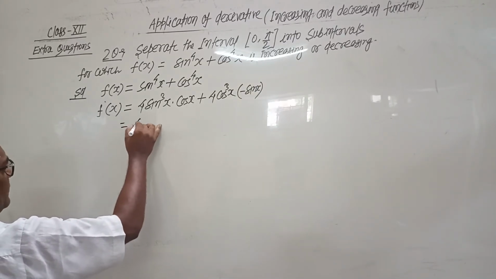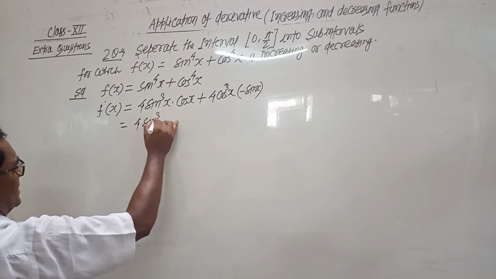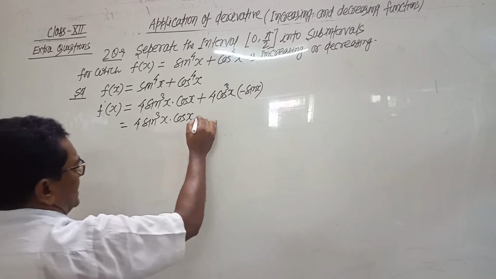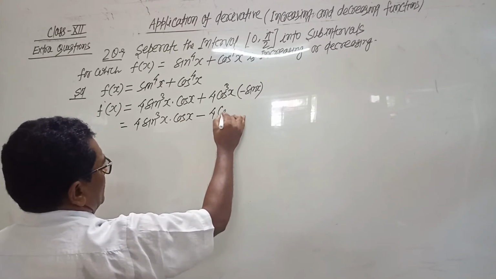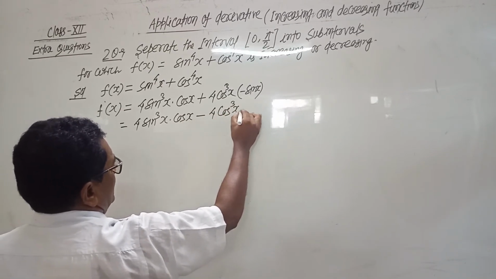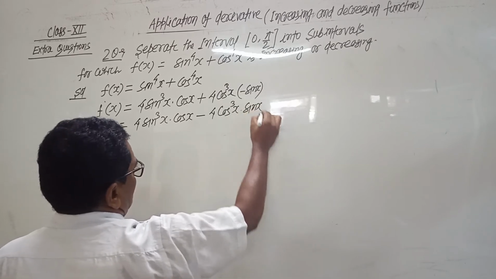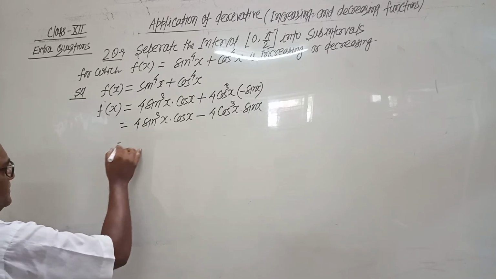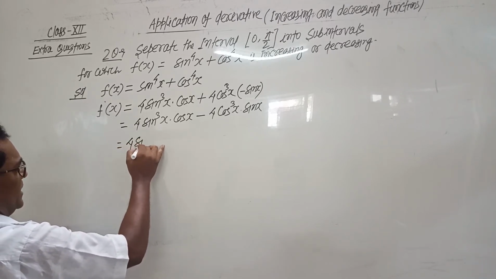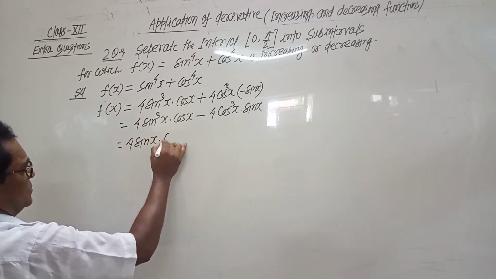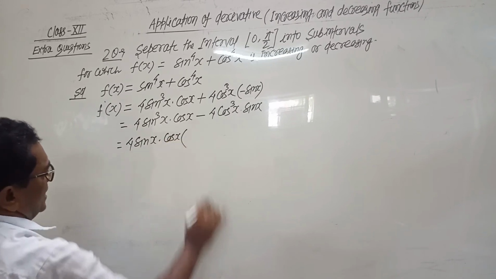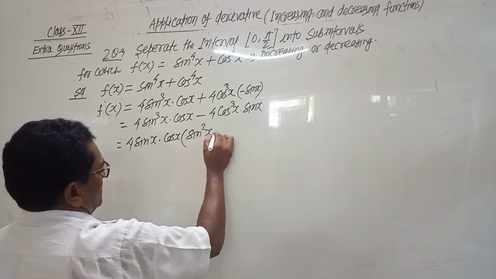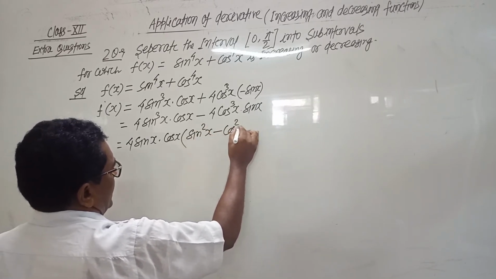So we get 4 sin cube x into cos x minus 4 cos cube x into sin x. From both the terms we take common 4 sin x into cos x, and it gives sin square x minus cos square x.